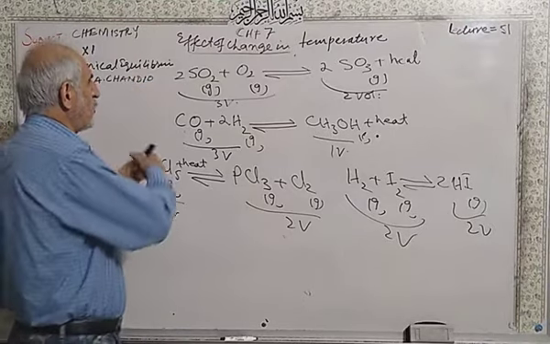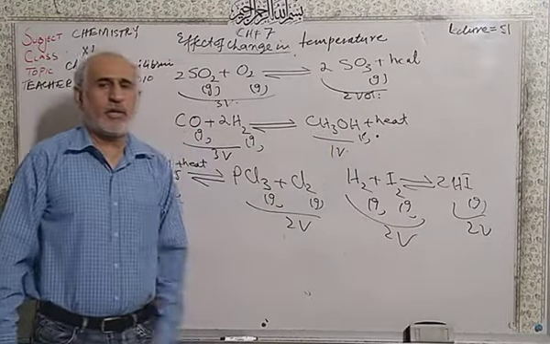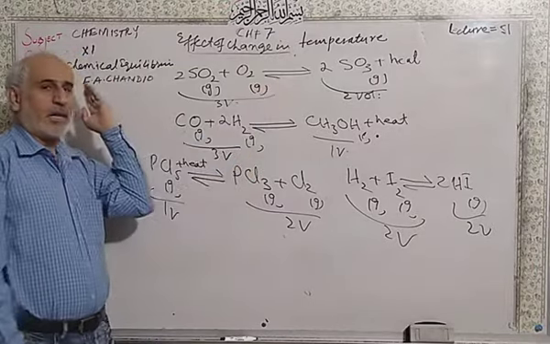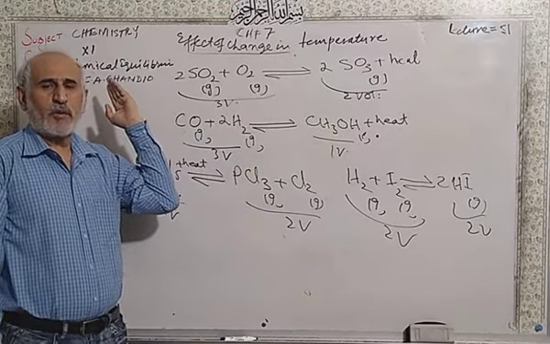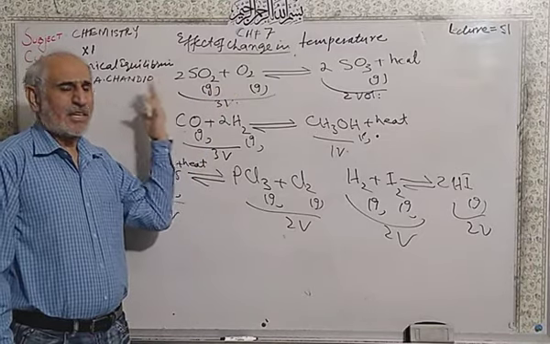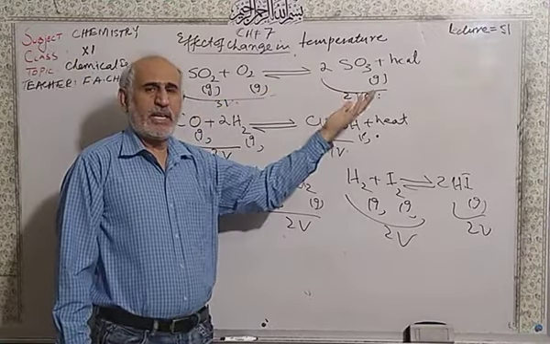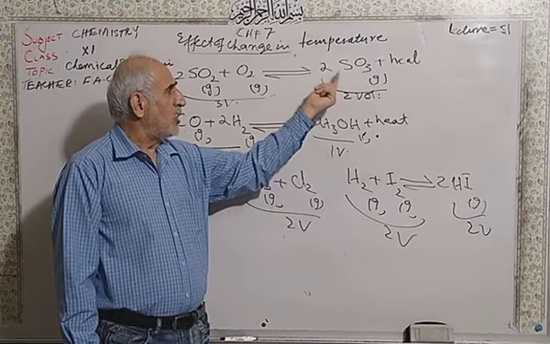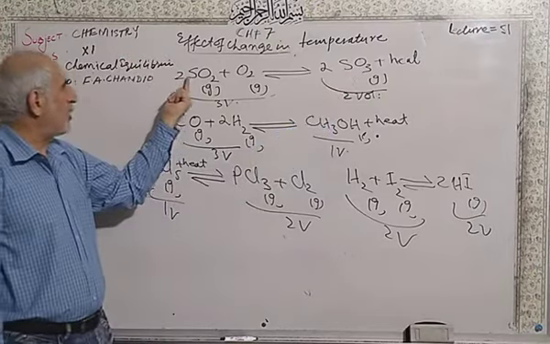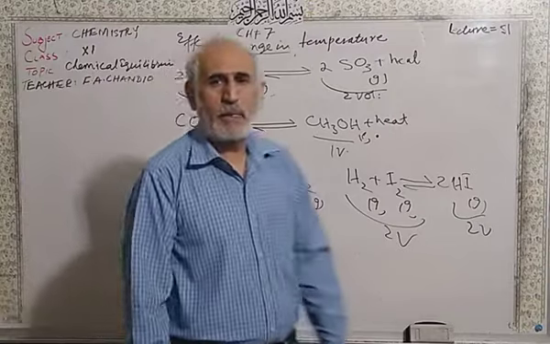So it means that this forward reaction is exothermic, already heat is evolved here. So when you increase the temperature, the system will move back to where there are more moles, where it is endothermic. If you increase the temperature on this system, because the forward reaction is exothermic and heat is already evolved, decomposition takes place: 2 moles of sulfur trioxide decompose to give 2 moles of sulfur dioxide and oxygen gas. So the system will move towards the left side.